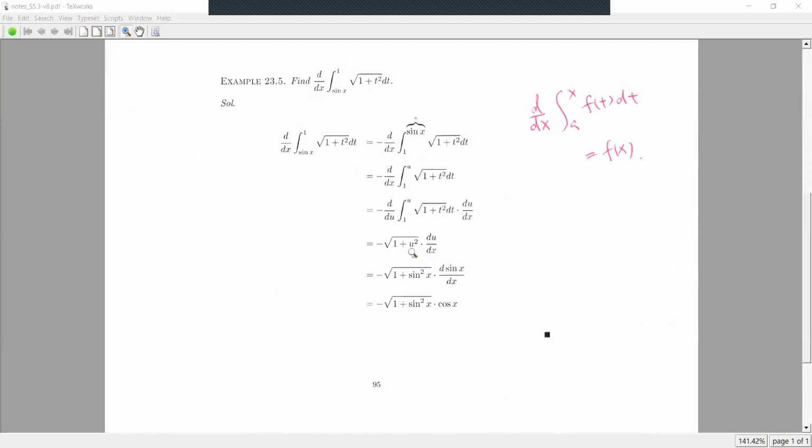By u in this example, I mean psi of x. Plug in psi of x for u, then I get this equation. The derivative of psi is cosine. So therefore, the answer to this problem, the derivative of this integral, is this one. This is the answer.